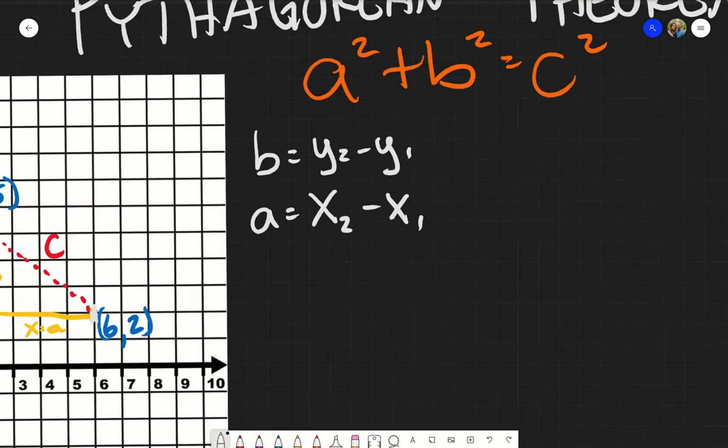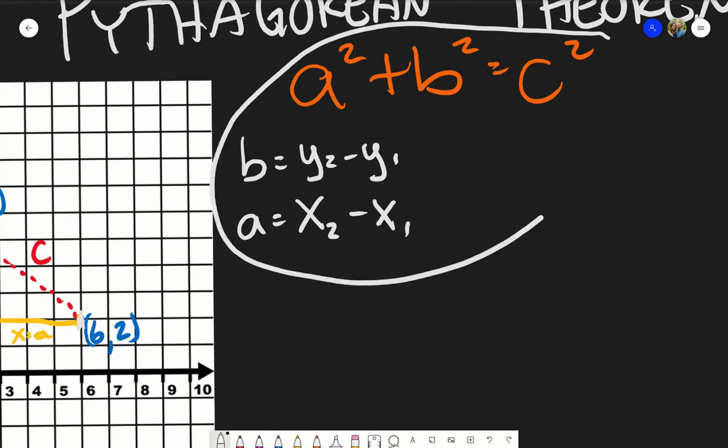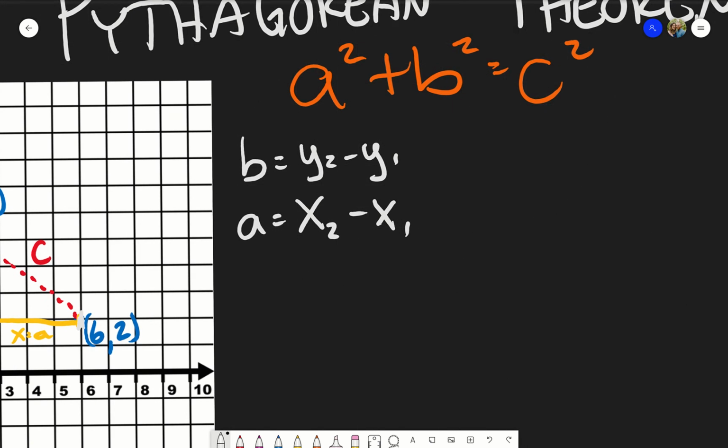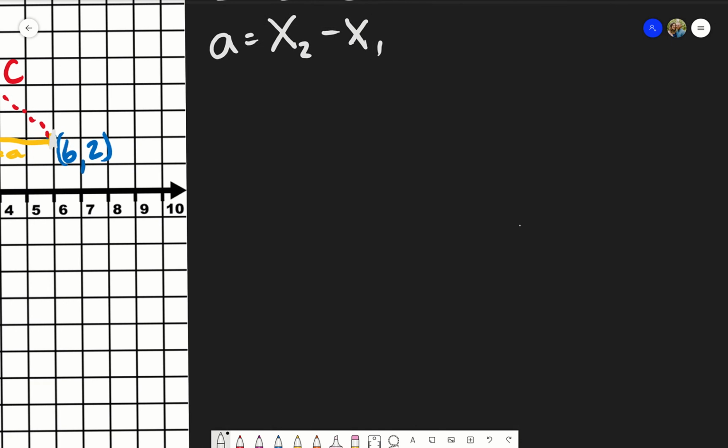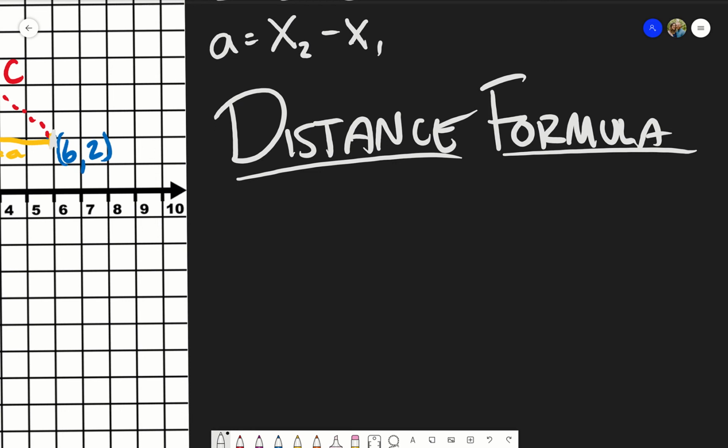All right, so using all this information here, we can come up with a formula. We'll call it the distance formula. The distance formula is used to find how far away 2 points are from each other.